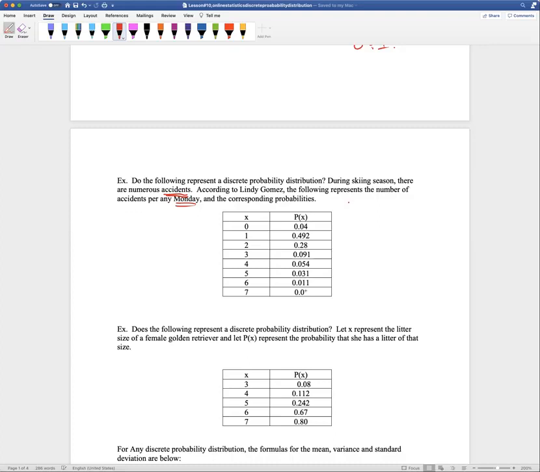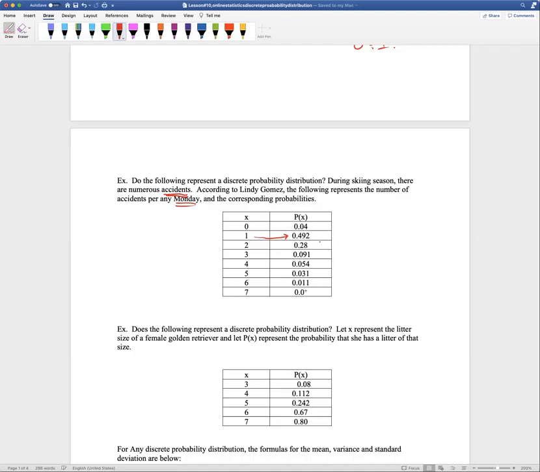So you look at the discrete probability distribution and say, it looks like the highest probability here is that we're going to have 1 accident. So I don't need to staff this with a lot of doctors or nurses, because I'm probably going to have, according to this distribution, 1 accident. Is it possible we have more?